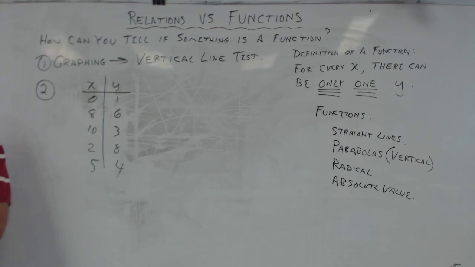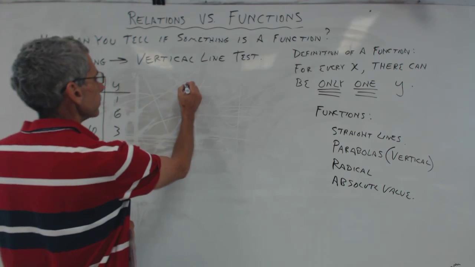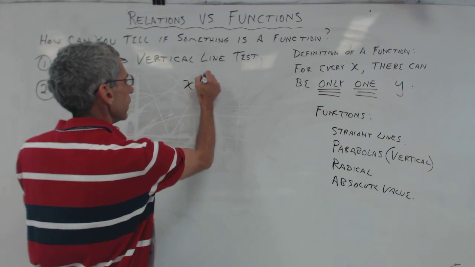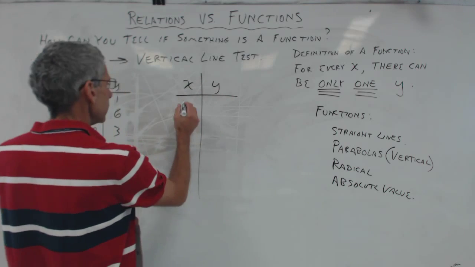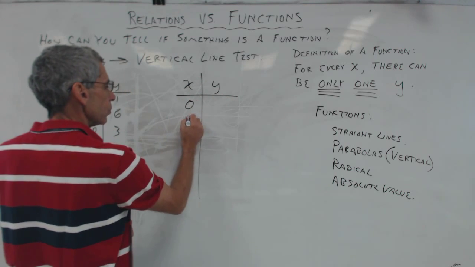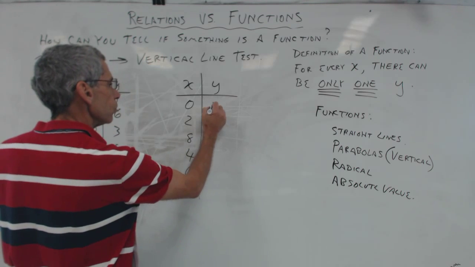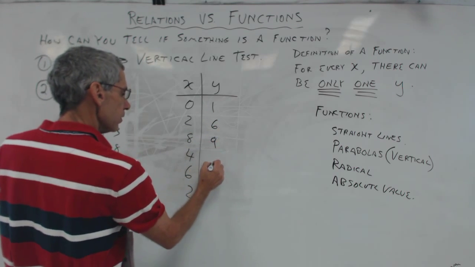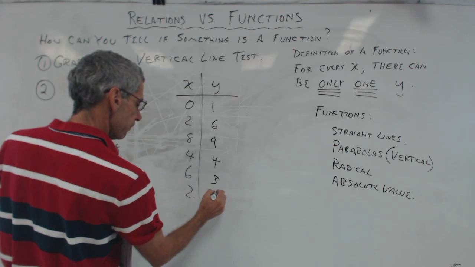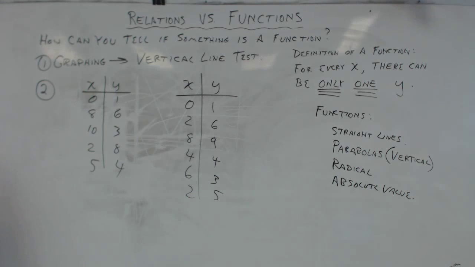Okay, so now what about this one? X, y, 0, 2, 8, 4, 6, 2, 1, 6, 9, 4, 3, 5. No, because the 2 has 2 lines.